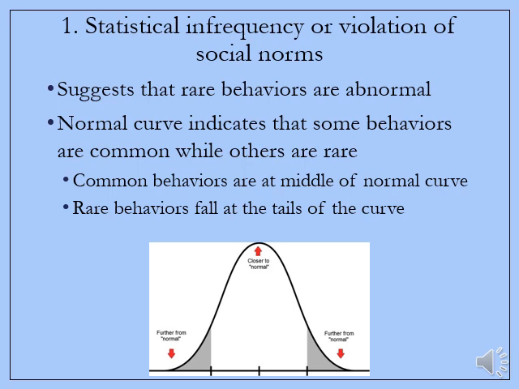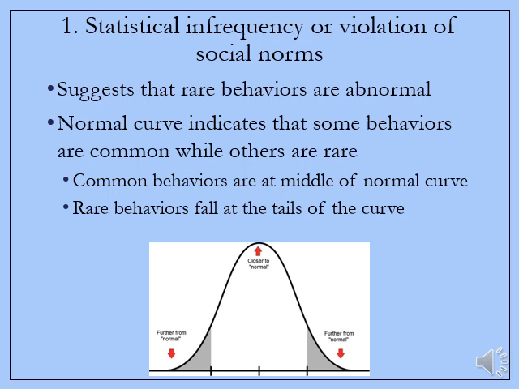Scores closer to normal fall under this hump. Most scores are going to be close to normal. And then on the left and the right side are these tails that represent the most extreme scores, or the most rare or statistically infrequent scores.